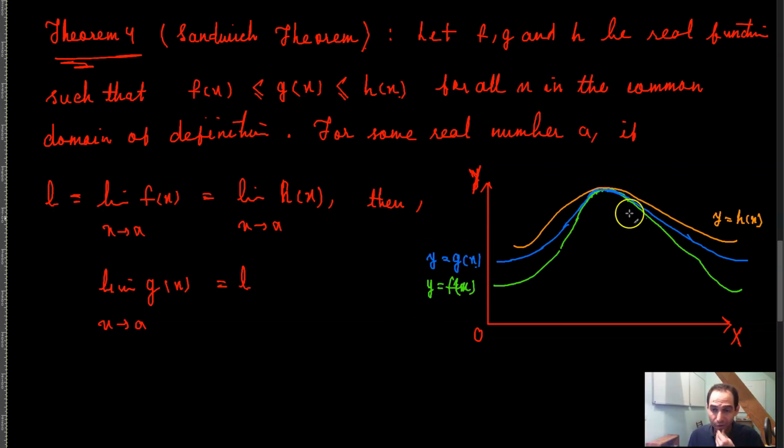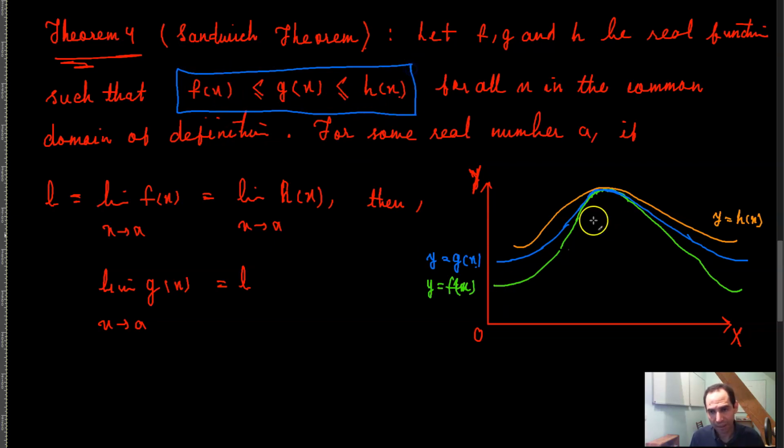Of course, maybe my illustration is not perfect, but hopefully you understand what this means: f of x is less than or equal to g of x is less than or equal to h of x, okay?